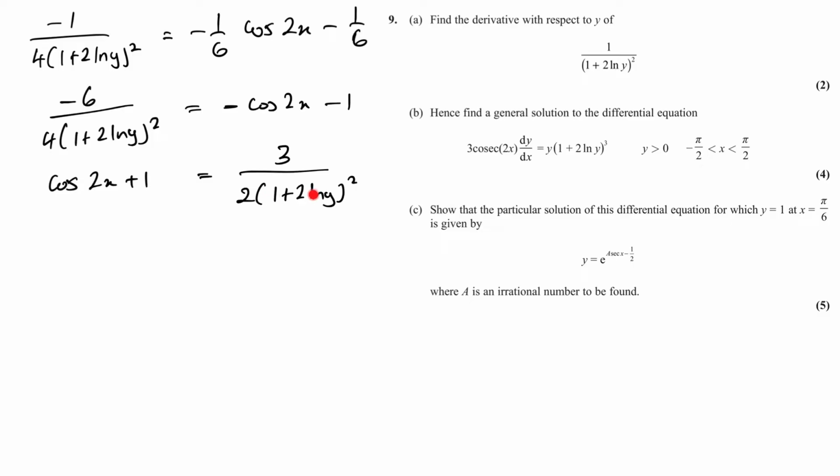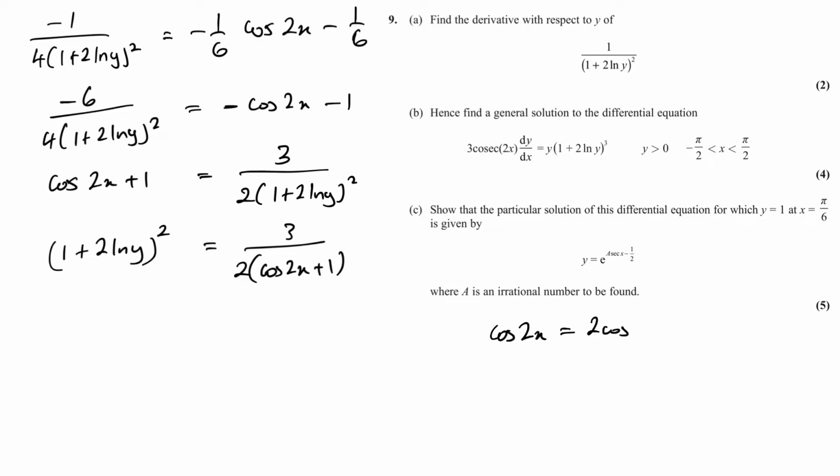Now what I want to do is I want to multiply by this bracket, but divide by this. So again, I'm going to do that in one step. So it's going to give me 1 plus 2 ln y squared equals 3 over 2 cos 2x plus 1. Next, I just realized that the sec is just a single x. So let's think about the cos 2x. So cos 2x is 2 cos squared x minus 1, isn't it?